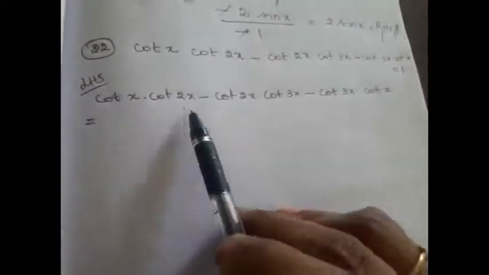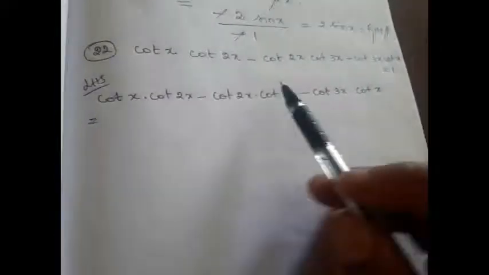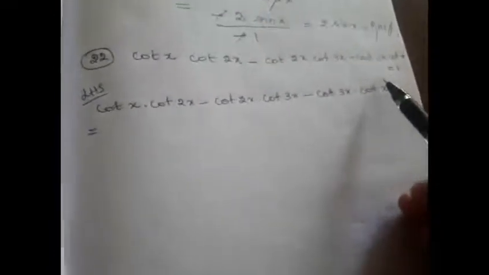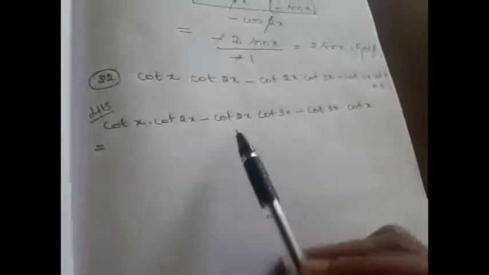Cot x cot 2x minus cot 2x into cot 3x minus cot 3x into cot x equal to 1. We need to prove equal to 1. So how can we prove this? First, if you analyze the terms, you can proceed in any way. I am going to take cot 3x common from these two terms.